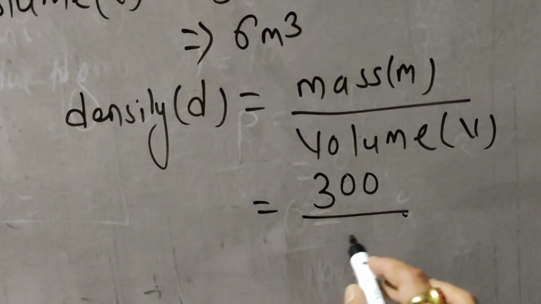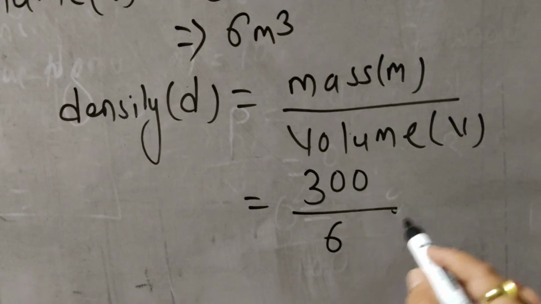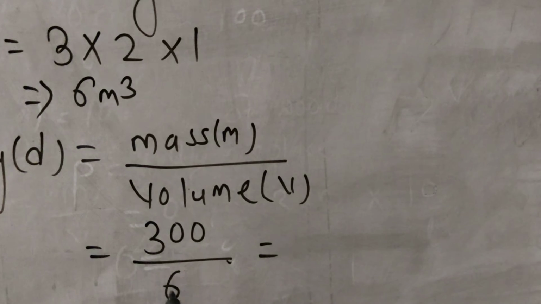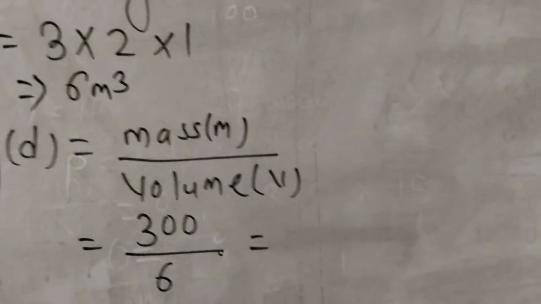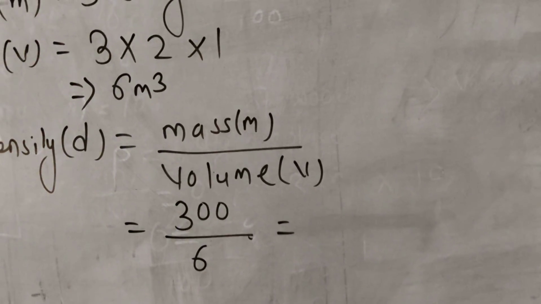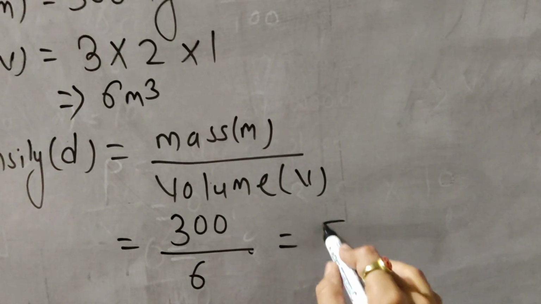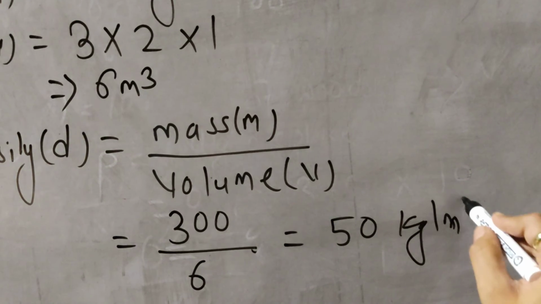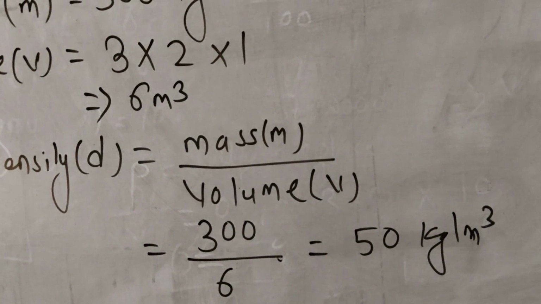Volume is 6. Then the answer is 50 kg per meter cube. What density did we get? 50 kg per meter cube.